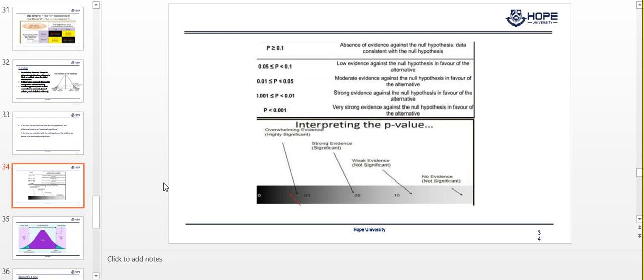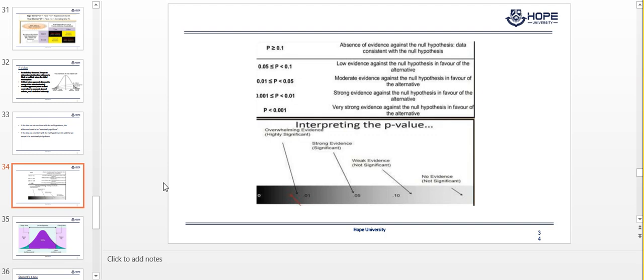P should be equal to or greater than 0.01. So P between 0.05 up to 0.01 is lower evidence against the null hypothesis, which is mostly our critical area. We can accept everything in that position statistically.